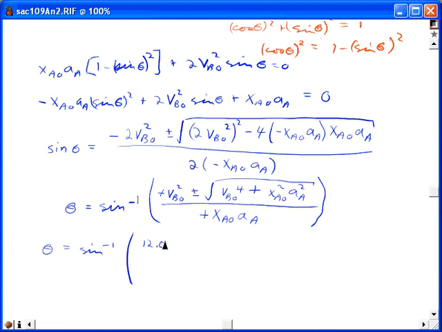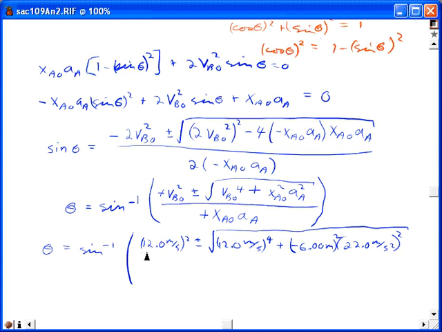So I got 12.0 meters per second all squared, then plus or minus the square root of 12.0 meters per second to the fourth, plus the minus 6.00 meters that particle A was to the west, squared, times the 22.0 meters per second squared acceleration squared, and this is supposed to be all divided by the minus 6.00 meters.